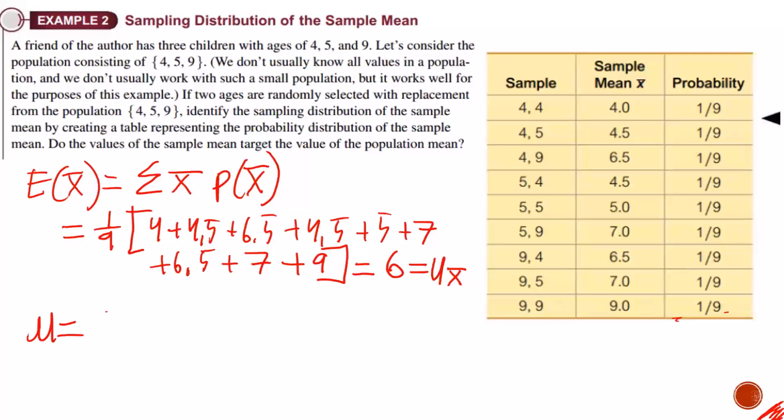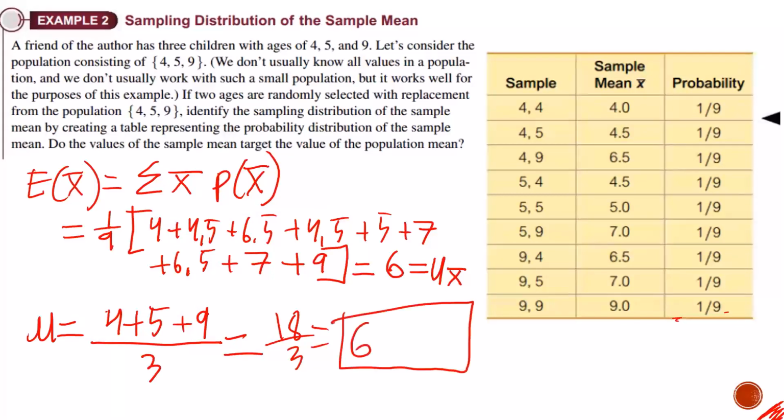The population has the values 4, 5, and 9, and we divide by the size of the population, which is 3. That also gives us 6. So in both cases, we're talking about 6 years.